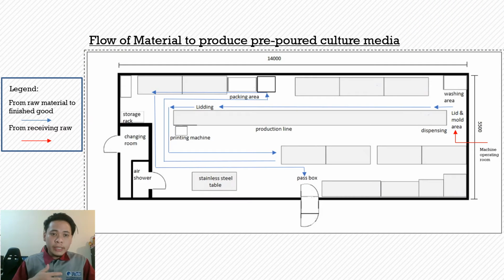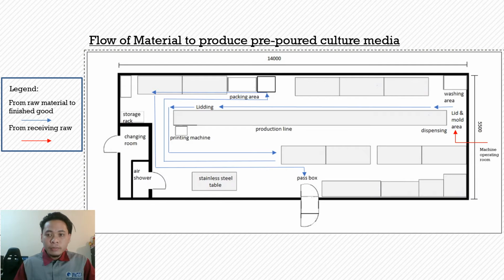The flow of materials is involved in determining the most effective sequence of work and material, and effective flow means that the material moves progressively through the process. There are altogether 5 areas involved in processing the product, which is from the machine operating room, straight into the lead and mold area through the small hole.